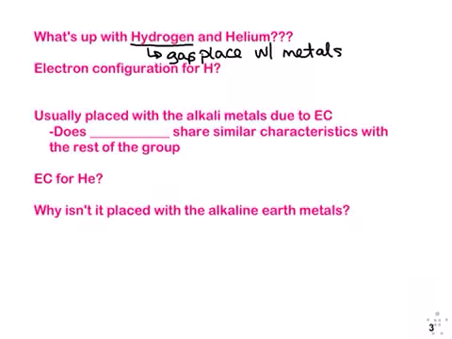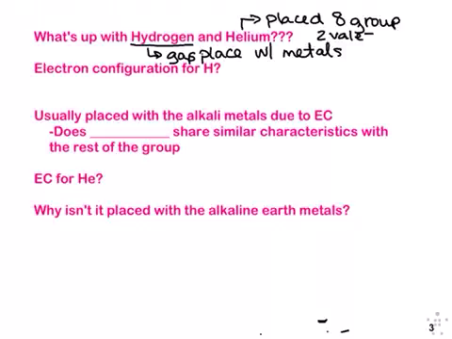And then helium is placed with the 8th group, which would indicate that it should have 8 valence electrons, but it only has 2 valence electrons. So there are anomalies to this setup, but there is some logic behind it if you look at their electron configuration.